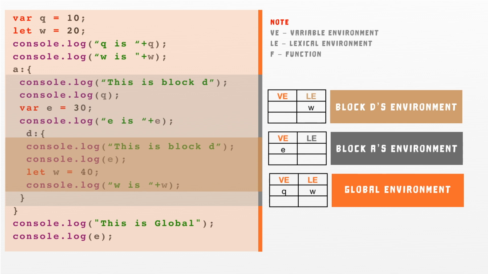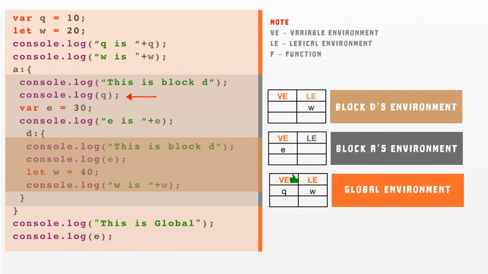And coming to the lexical environment of these three environments, all of these have a new lexical environment each time. Now let's see how variables are accessed inside our block statements. Coming to block A, in this statement we are accessing variable q, and this variable is in the variable environment of the global environment.